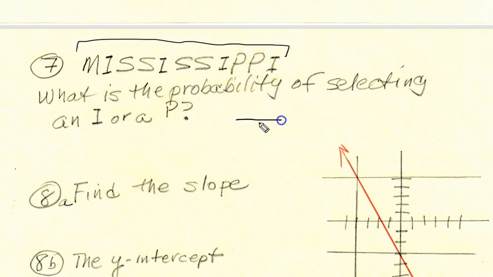Our sample field is 11. And what are we looking for? We're looking for an I or a P. So there's an I. 1, 2, 3, 4, 5, 6. So we get then 6 out of 11 is the fractional form. You could get a decimal form and put it in, but usually the fractional forms are easier.